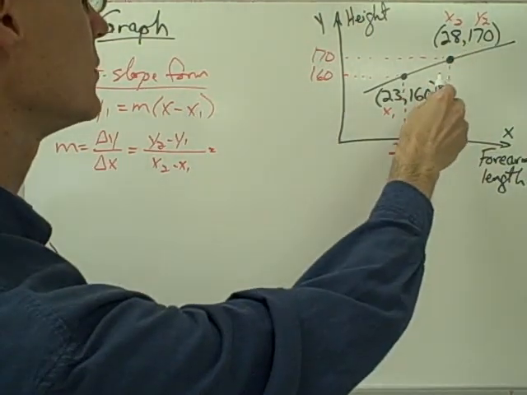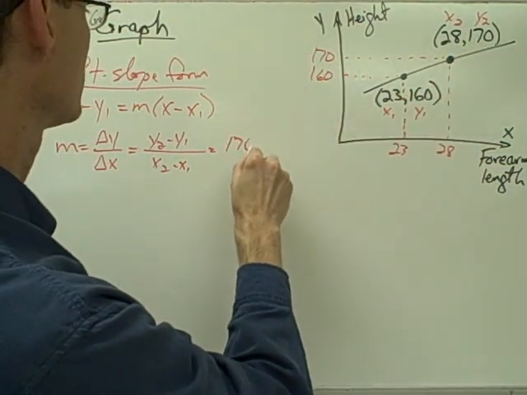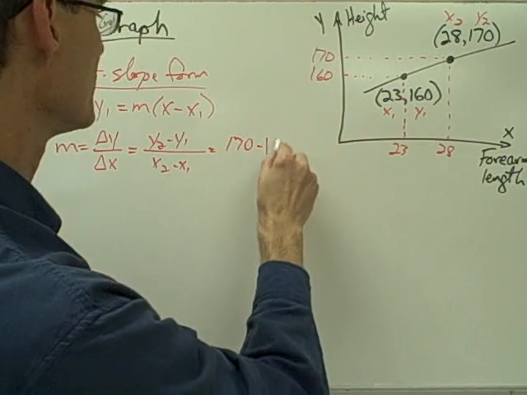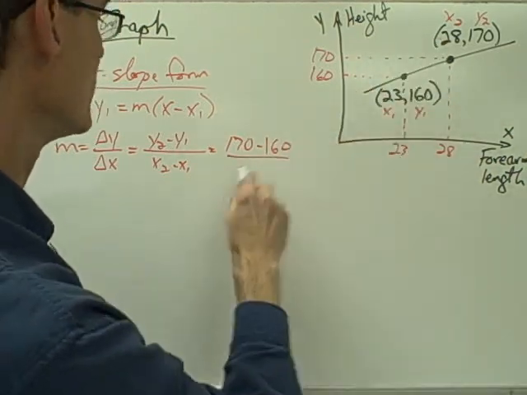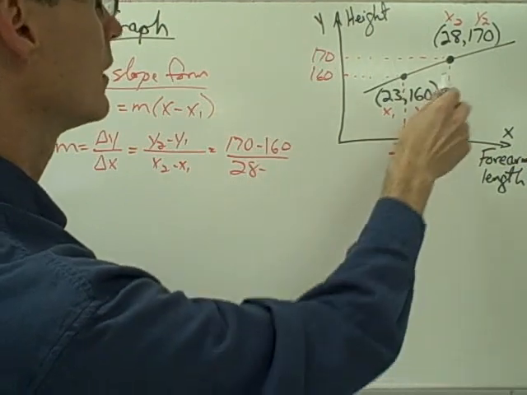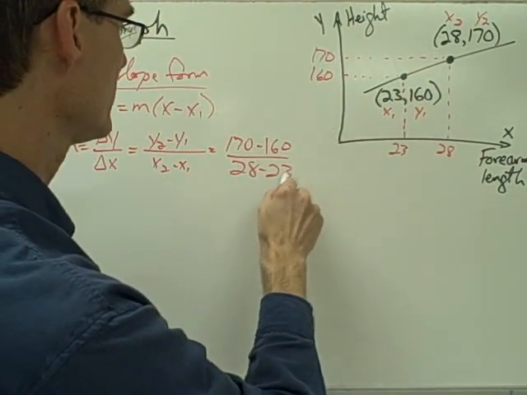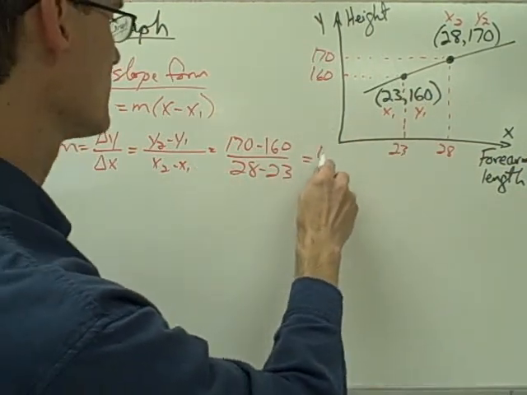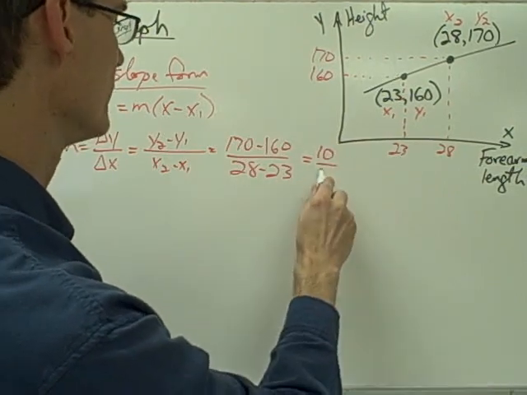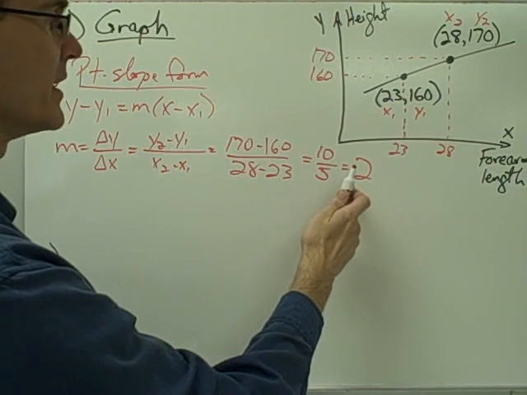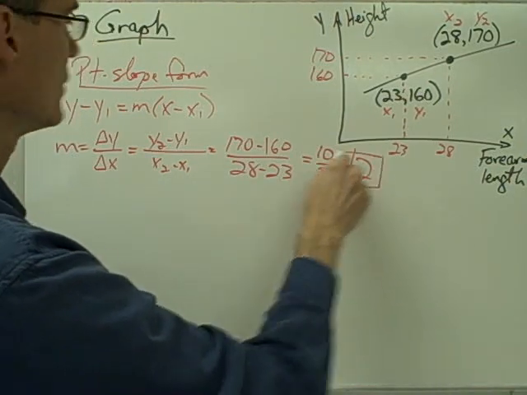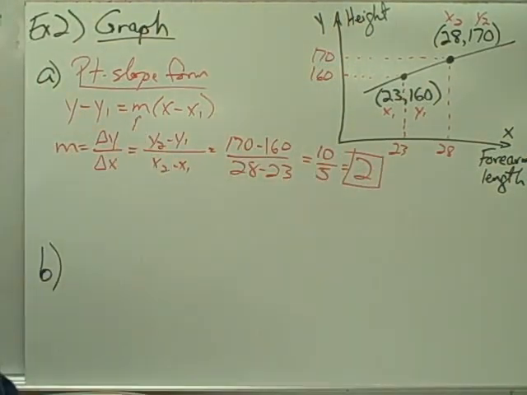Let's see, y2 is 170, y1 is 160, and x2 is 28, and x1 is 23. So this gives me 10 over 5, and the value for my slope then is 2. So I'm going to use this value to plug into here.